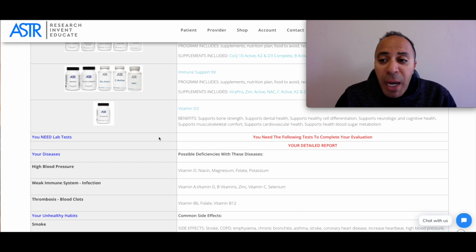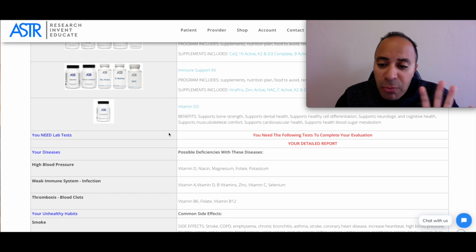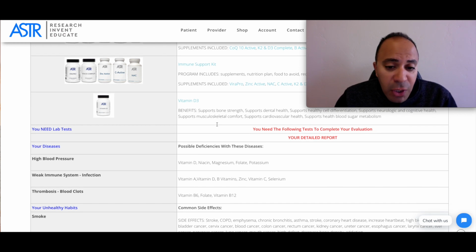Your doctor has not done that comprehensive evaluation. That's why if the software recommends certain labs, we recommend you just do the lab in the system. It saves you a doctor visit, and with just a couple of clicks you can order the labs, go to your lab, and the software analyzes it for you.